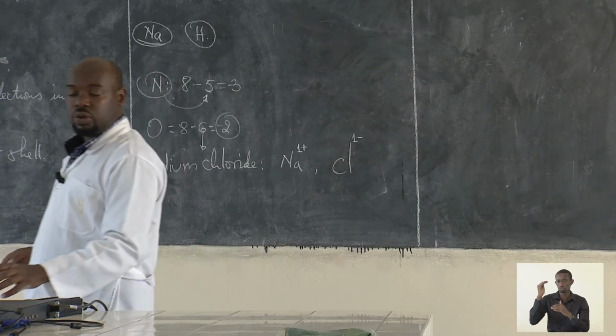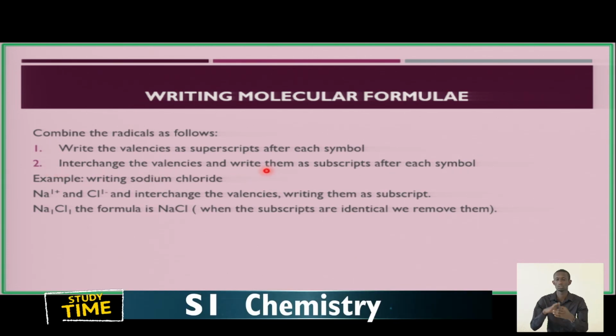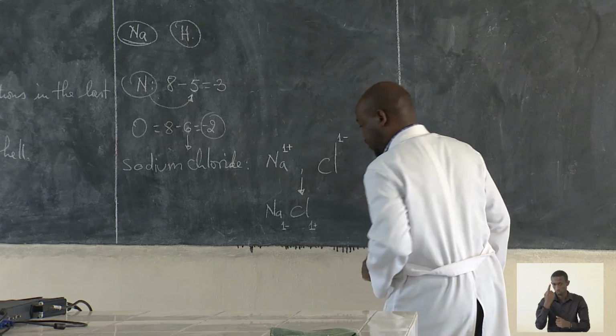On point number 2, we interchange the valences and write them as subscripts after each symbol. Let's say we have sodium with 1 and Cl with 1. Remember, it is 1 positive and 1 negative.